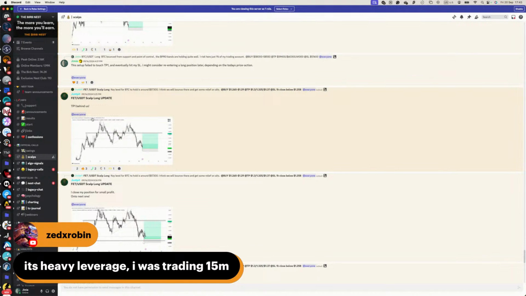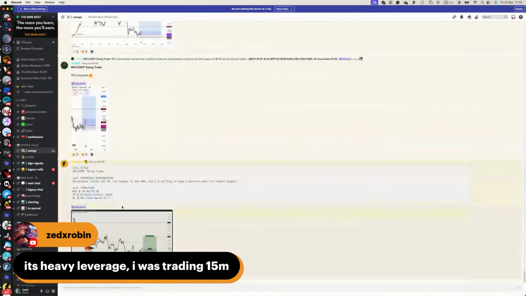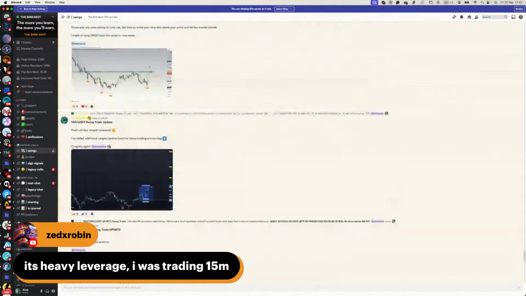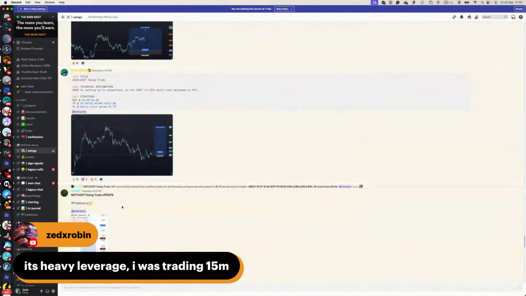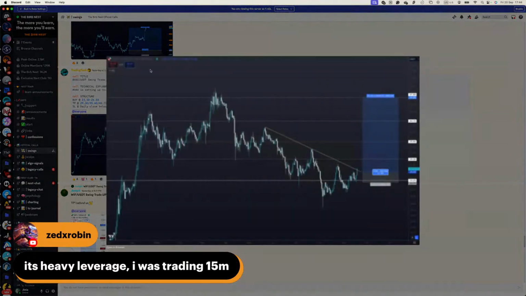AVAX. Maybe I'm going to give you guys a gift. Normally, only community members can see this. If it hasn't closed below 22.80 cents, then this might be a nice swing trade on the daily chart.